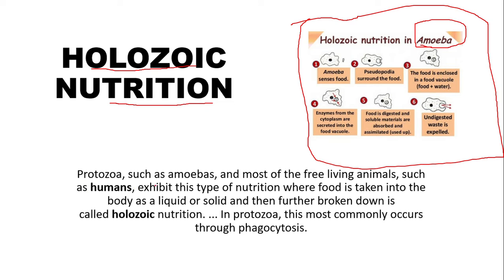Protozoa such as amoebas and most of the free living animals such as humans exhibit this type of nutrition, where food is taken into the body as a liquid or solid. Please underline the statement or note it down. Food is taken into our body as liquid or solid, and then further it will get broken down. This is called Holozoic nutrition.